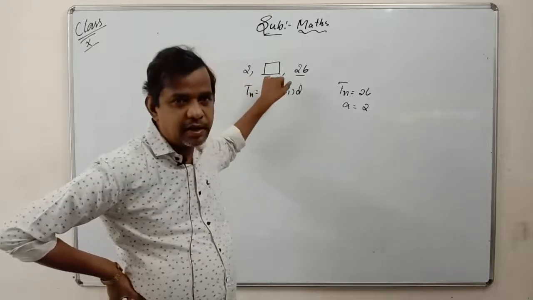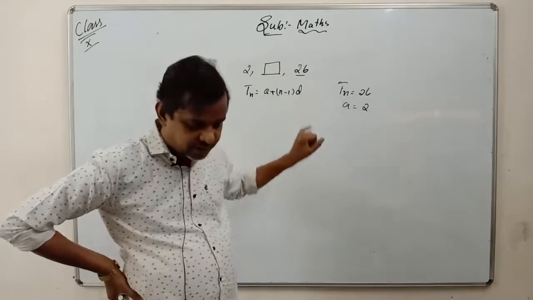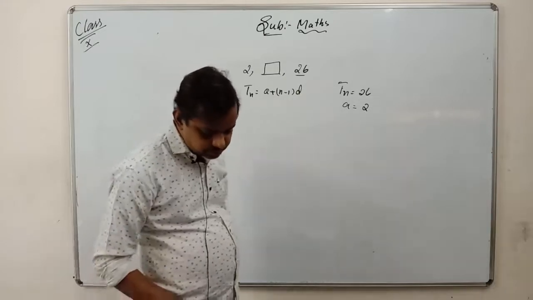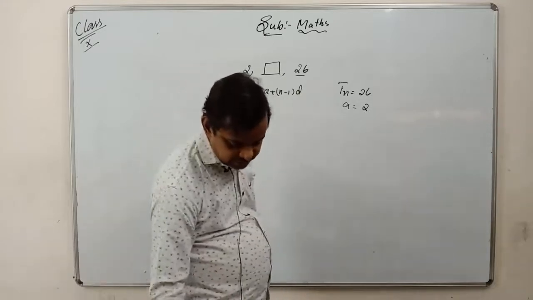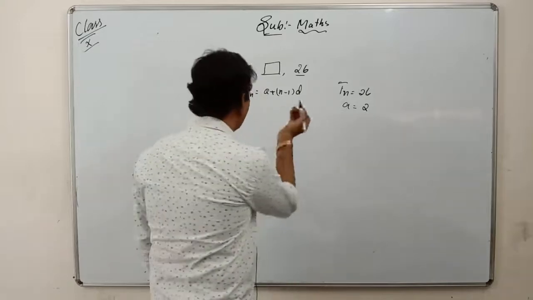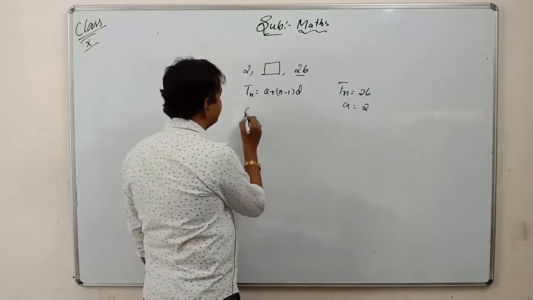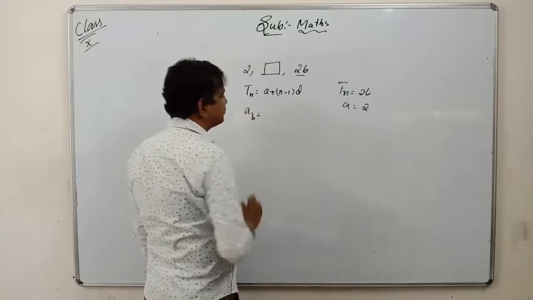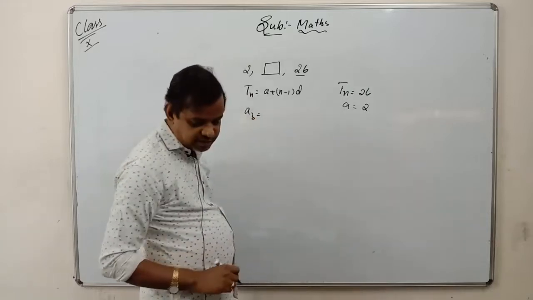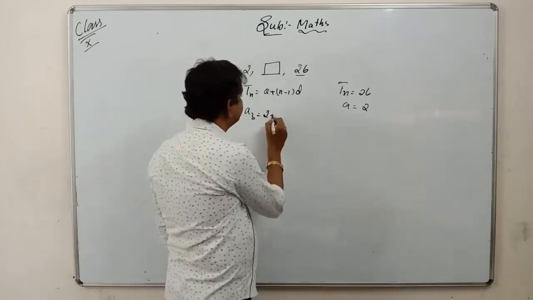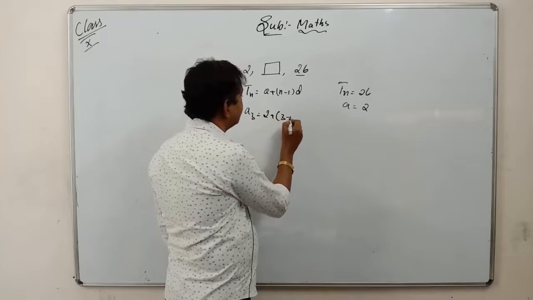A1, A2, A3. Three terms are there here, continuously given. So generally we can write it as A3 equals, or if you want you can write Tn, or whatever you want to write. A3 equals, the first term he has given here is 2, plus (3 minus 1) d.